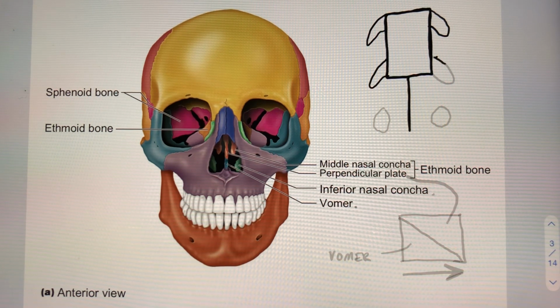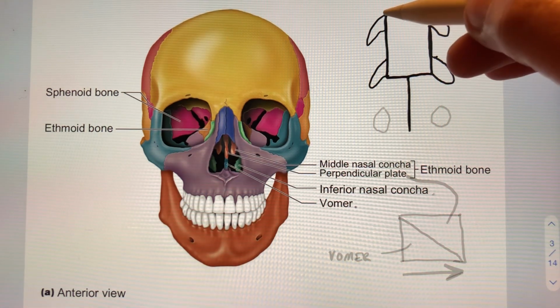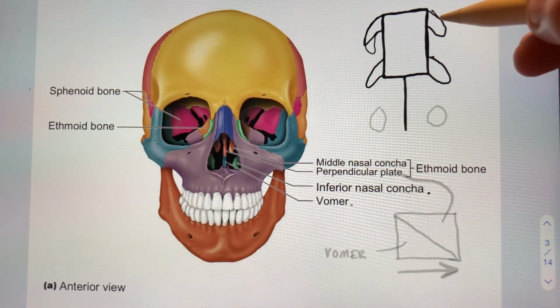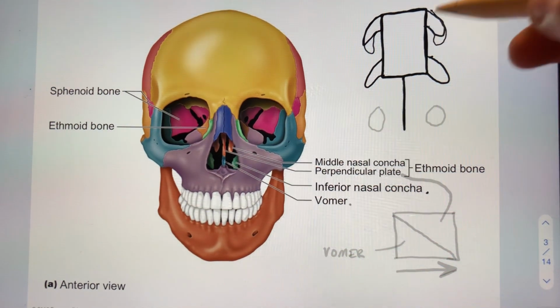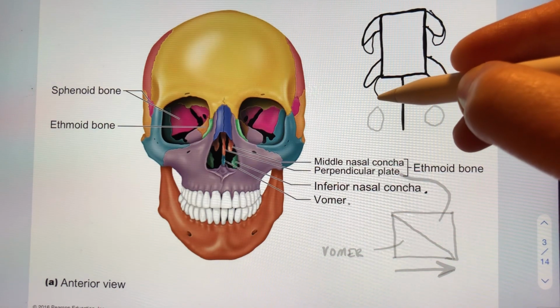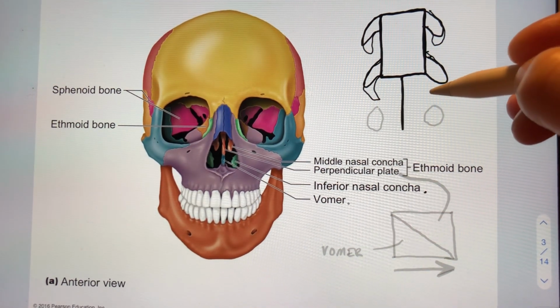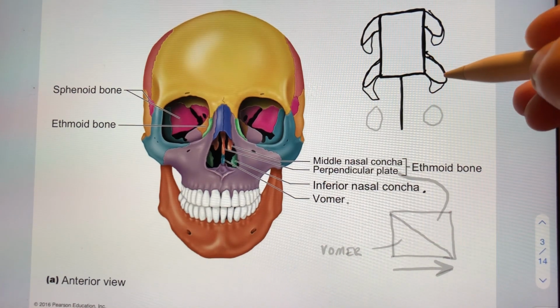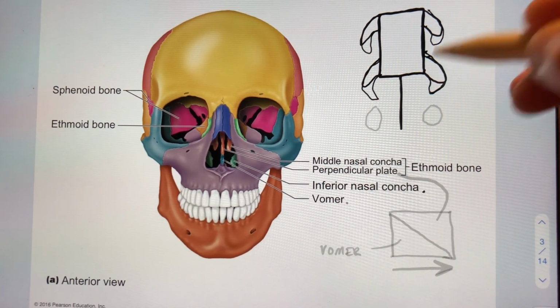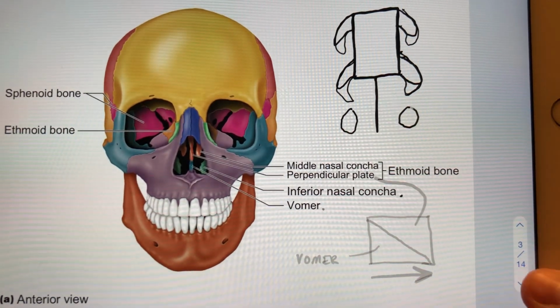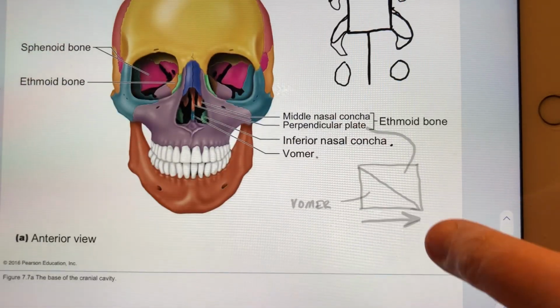And here are some projections to represent the middle nasal conchae. Okay? Whereas the inferior nasal conchae, which is plural, inferior nasal concha is singular, they are separate bones. They are not bone markings. They are separate bones. So they would be roughly here, but separate bones. Okay, be careful about that.